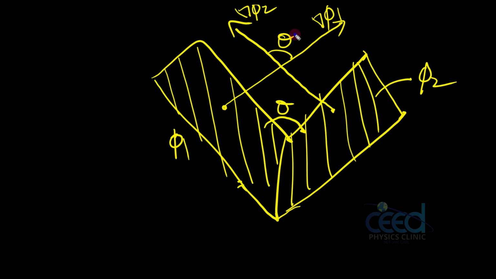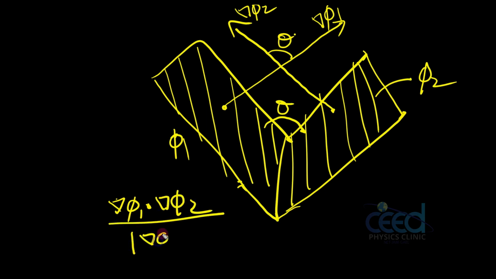So I can write the angle between these two as del phi 1 dot del phi 2 divided by mod del phi 1 times mod del phi 2, as per the vector formula. This is the cosine of the angle between these two surfaces.